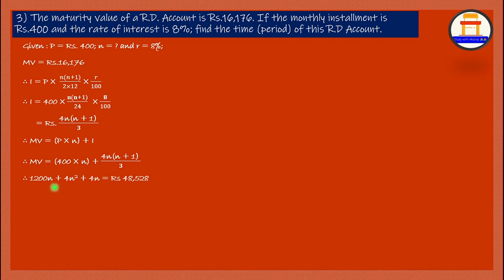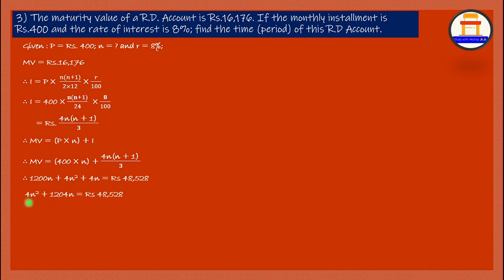Let's simplify that. 1200n and 4n, if you add these two, we get 1204n, and 4n square, and on the other side 48,528. That is 3 multiplied with the maturity value. 3 multiplied with 16,176 gives us 48,528. Right, so let's simplify it further.